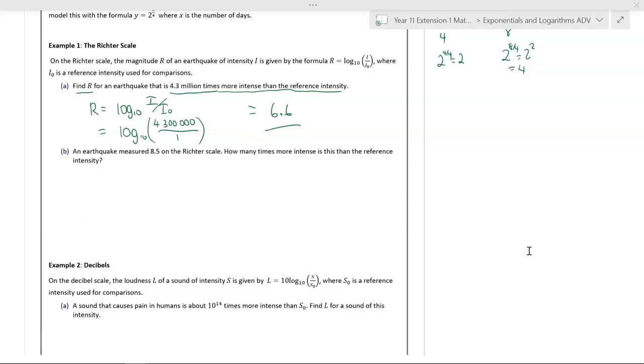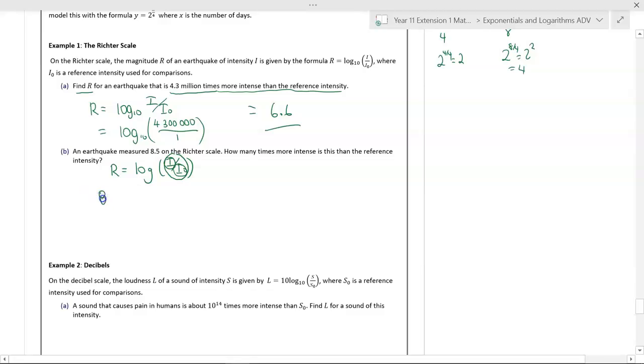Okay, so an earthquake measures 8.5 on the Richter scale. How many times more intense is this than the reference? Basically we have our formula, and we're trying to work out how this one compares to that. As a ratio, I just like to think of it as to 1.